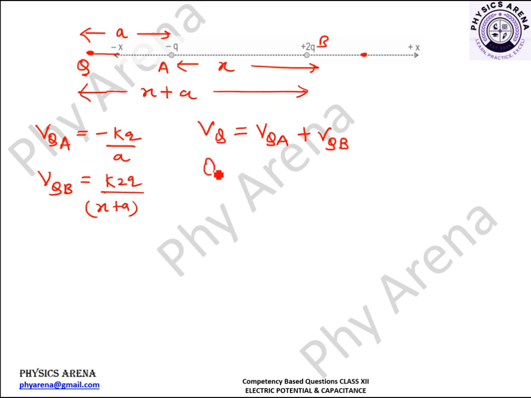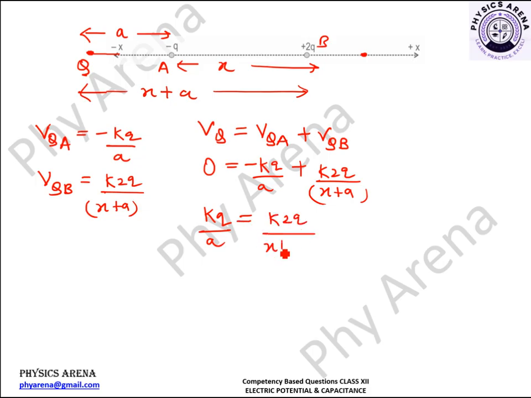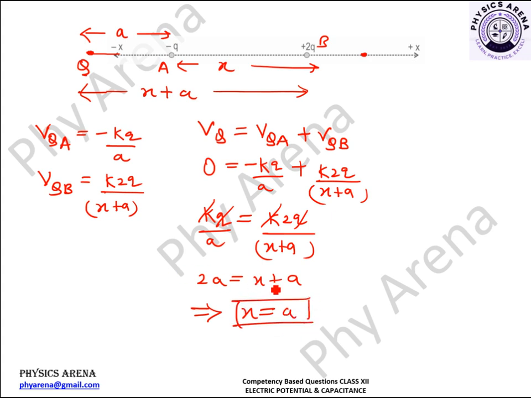So equate VQ equal to 0, and VQA is minus kq divided by a plus k times 2q divided by x plus a. I can reshuffle the equation in order to find the value of a. So this implies kq by a is equal to k 2q divided by x plus a. k gets cancelled with k, q gets cancelled with q, and I am left with 2a is equal to x plus a. And this gives me a is equal to x.